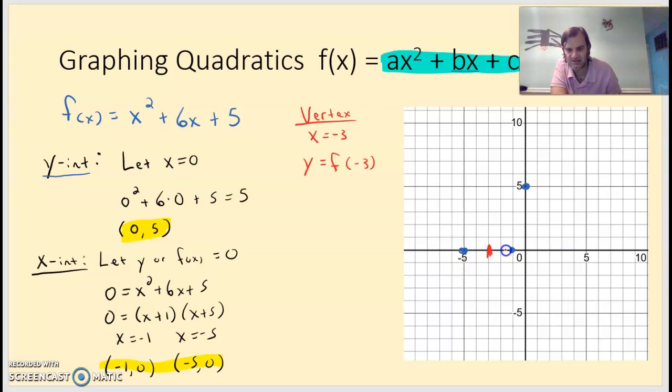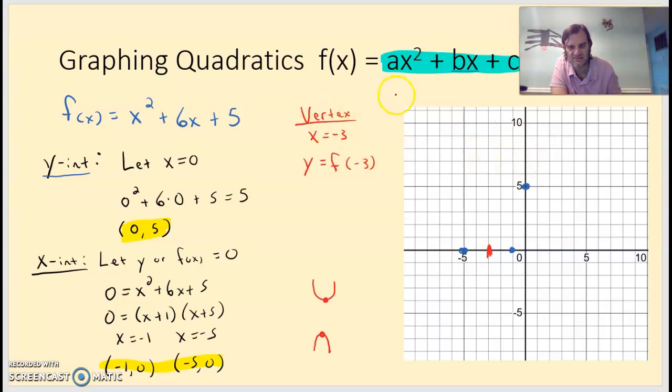So halfway between those two x-intercepts, because we're making a symmetric graph, a U-shape, will be where the middle of the graph is. If you're thinking about a horseshoe or the U-shape, it will be in the center. If it's open up, it will look like that. If it's open down, it will look like this. But the parabola has symmetry.